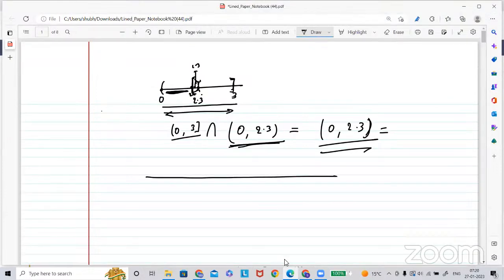Okay, so suppose here is 0, here is 2, here is 2.2, here is 2.3, and here is 3.